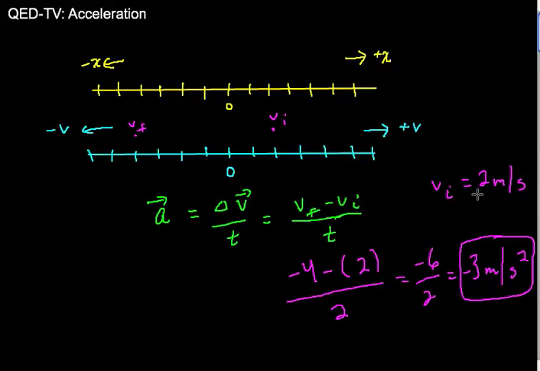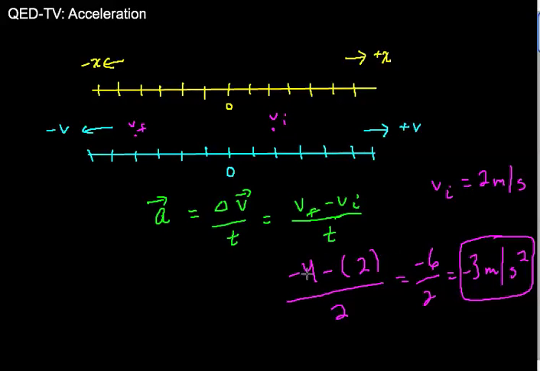I'm sorry, starting at 2 meters per second, I'm going to go down to 1, then to 0, and then to negative 1, which means that this object actually stops. It goes from 2 to 1 to 0, which means it stops, and then it changes direction and starts to speed up. So if the signs are opposite, we are slowing down.